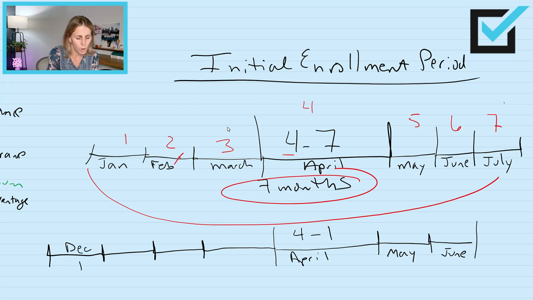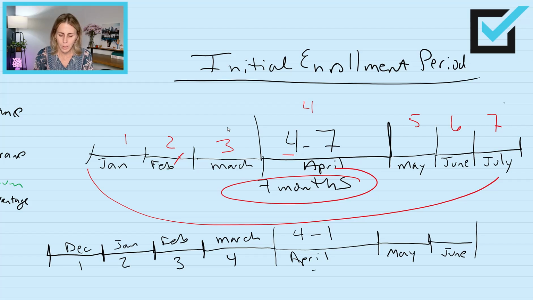So December 1, January 2, February 3, March 4, the month of your birthday 5, May 6, June 7. So this is unique for people who have their birthday on the 1st, that they still have a 7-month initial enrollment period, but it's 4 months before their birthday, the entire month of their birthday, and then 2 months after. So that's the initial enrollment period.